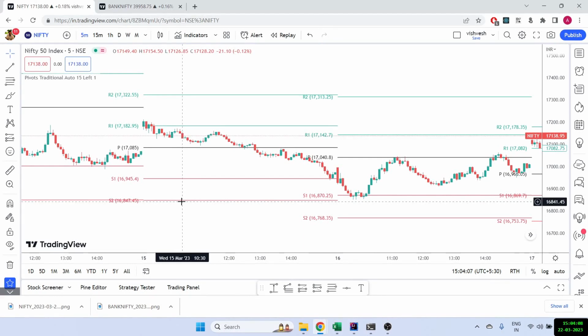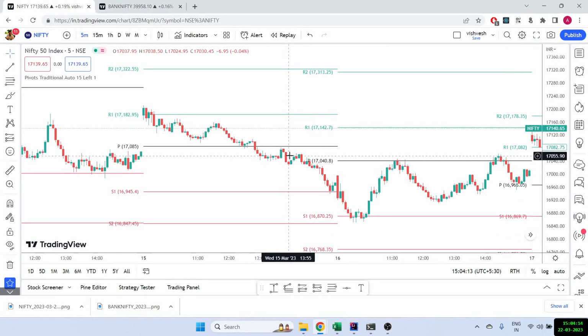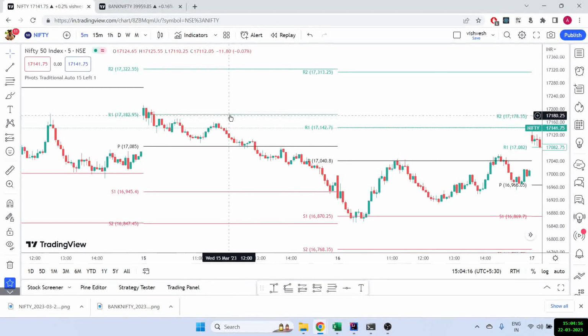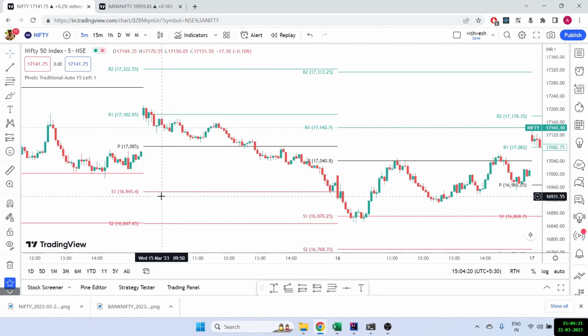But during intraday, we will only consider them to be very important levels, and trade based on those levels. What it means is, on R1 I can even go for a buying entry, and similarly on S1 I can go for a selling entry as well. We will only consider them as important levels and take trades based on that.